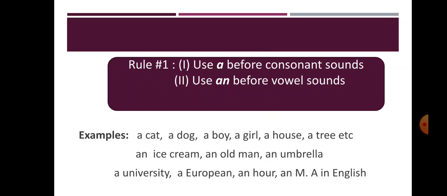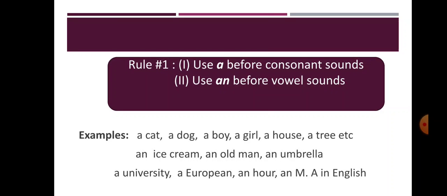Because even though university starts with U, the first sound of the word is not a vowel sound. When you say university, the first sound is a Y sound, which is a consonant sound. So we say a university. Similarly, the word European starts with a Y sound. So we use a before European.